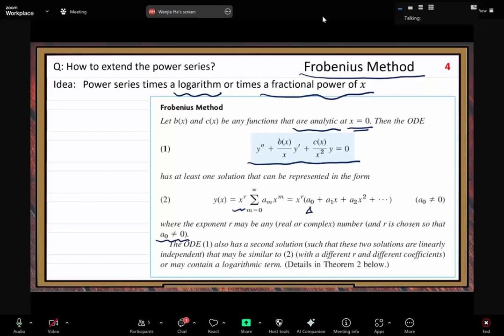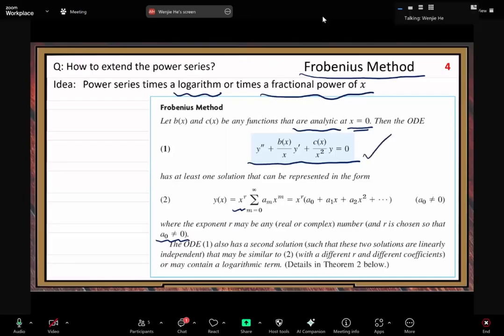Otherwise, you change your r. If a0 equals 0, you consider a1, you can take one x out, making a1 the first non-zero coefficient. So you can choose to make a0 non-zero.